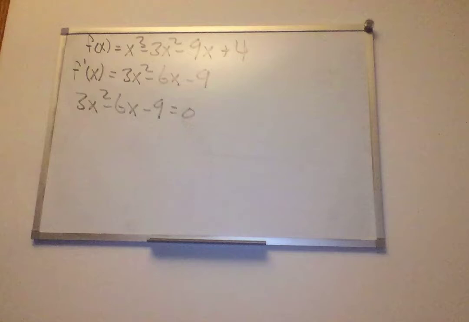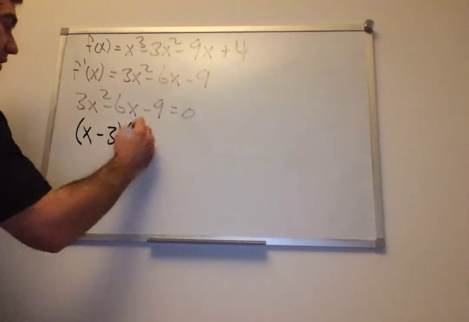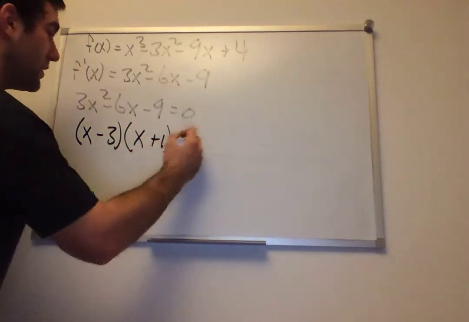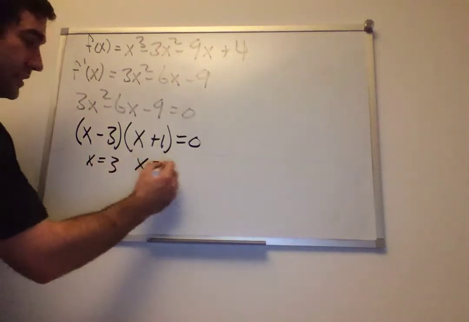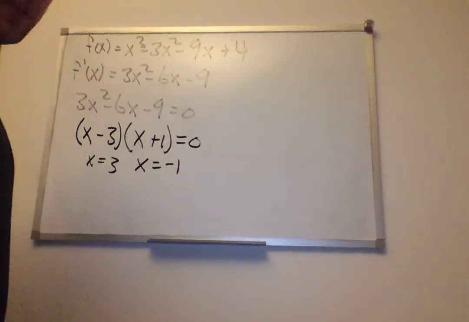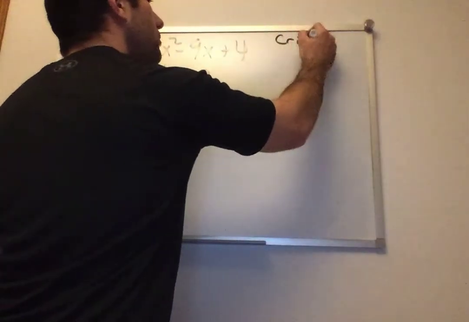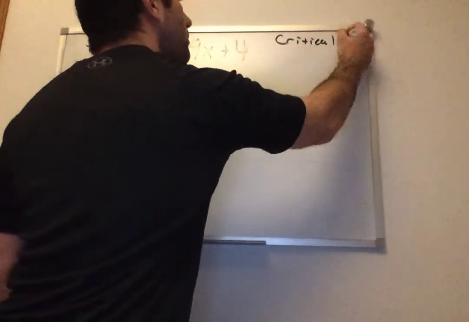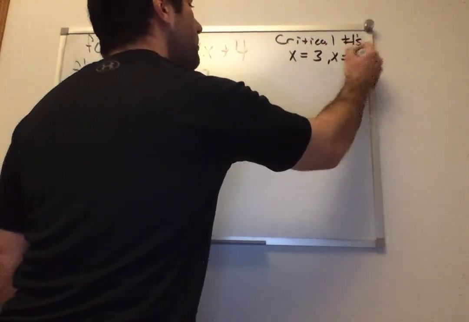We've already done this calculation, so I'm going to give you the factored form already. It was x minus 3 and x plus 1 is equal to 0. So we get x equals 3 here, x equals negative 1 there. So here are our critical numbers: x equals 3, x equals negative 1.